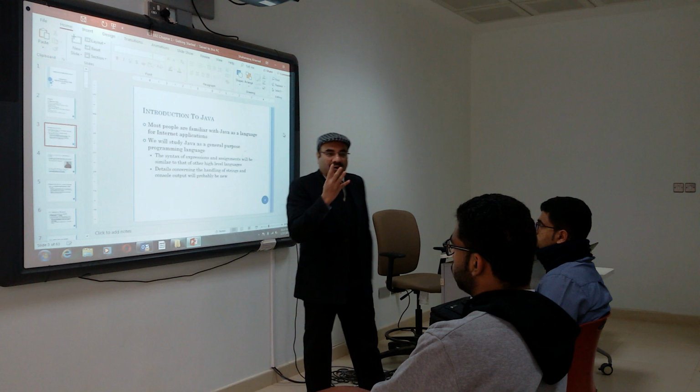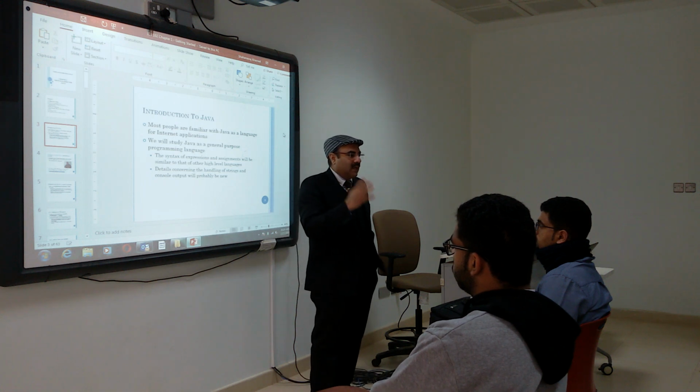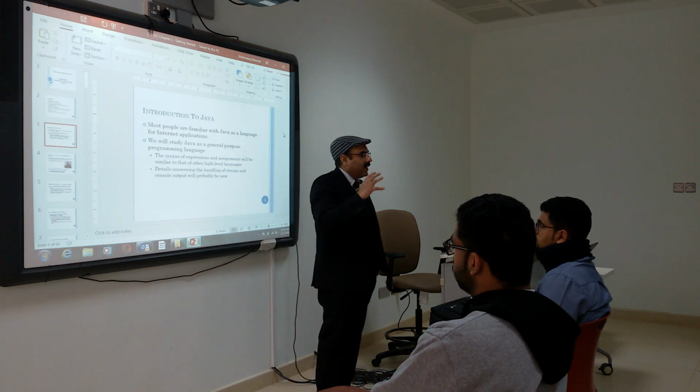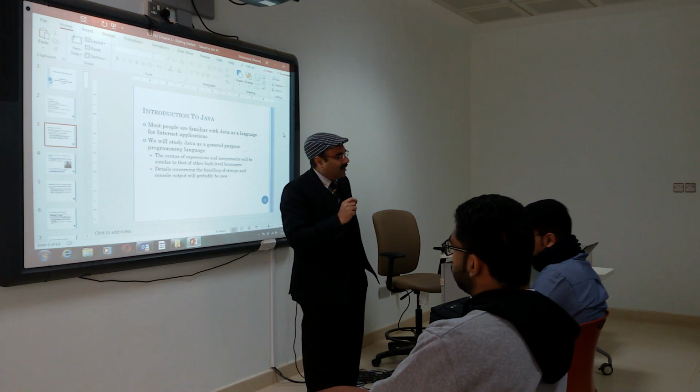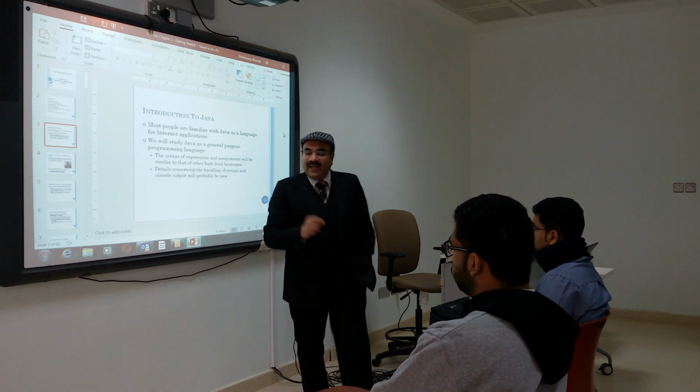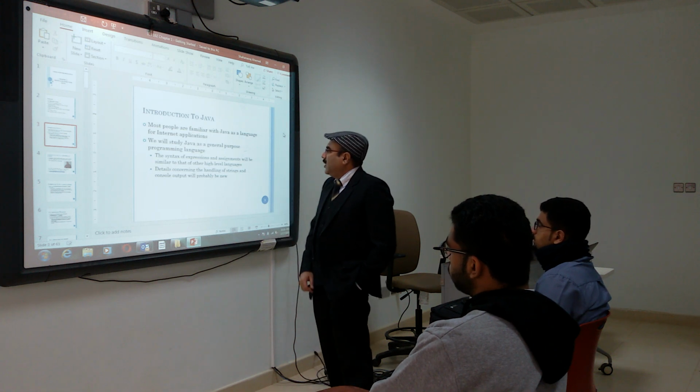Now these four parts of the computer are categorized as the von Neumann architecture of the computer.